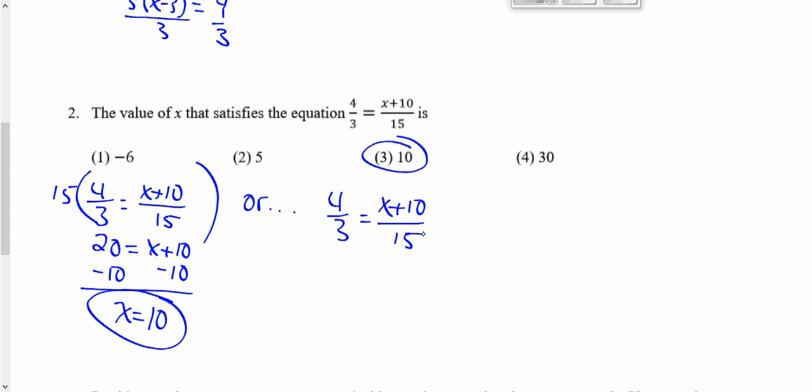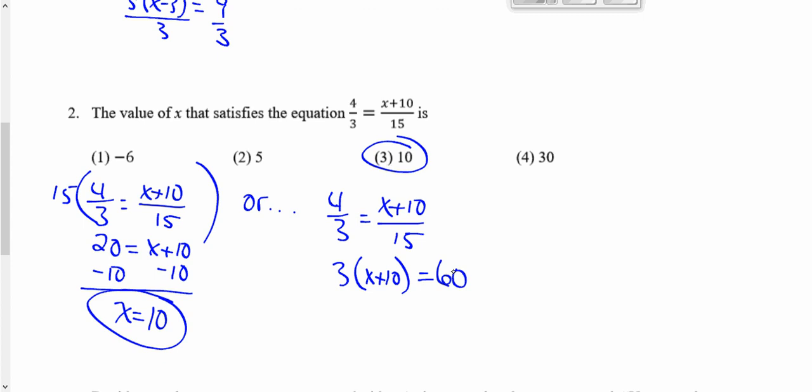Cross multiply means to multiply diagonally. So 3 times that mess, and then 4 times 15. Watch carefully though: 3 times this entire thing. So this would be 3 times parentheses x plus 10 equals, what is 4 times 15?